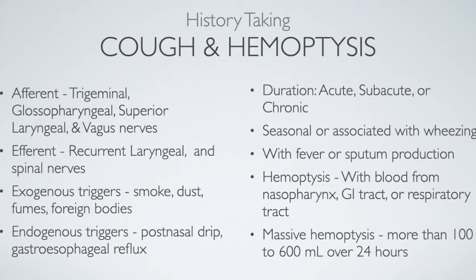And there could also be endogenous triggers of the afferent branches of the reflex. This could be due to postnasal drip, wherein you have mucus from your nasal cavity dripping down from the nasopharynx onto the oro and the hypopharynx, triggering the nerves, triggering the reflex. Or it could also be gastroesophageal reflux, wherein you have acid ascending through the esophagus.